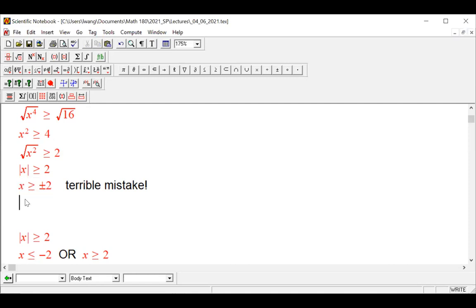I would like to learn what the interpretation will be. One interpretation would be saying x is greater than or equal to 2, or x is greater than or equal to -2. This is one interpretation. And the other interpretation could have been, it's an and.